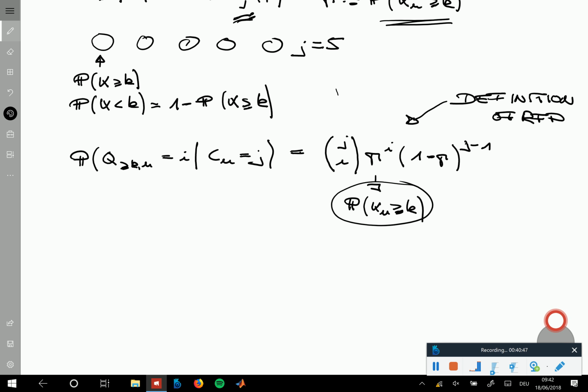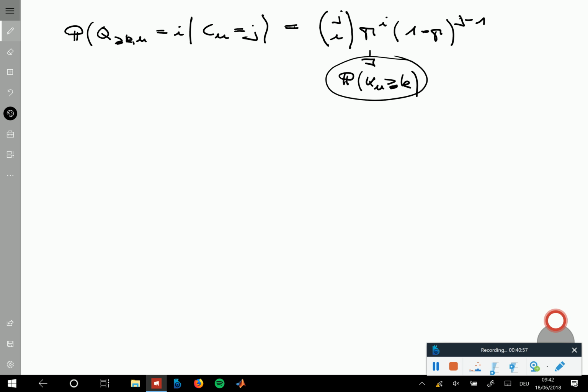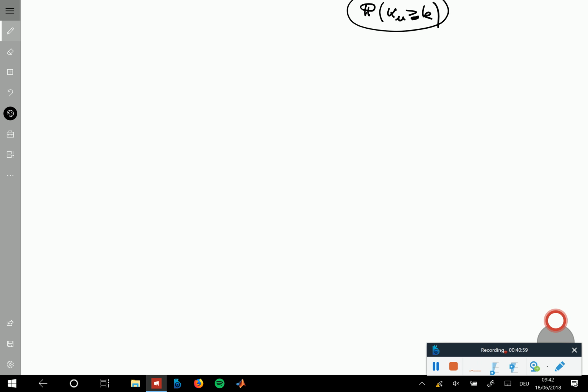If you use this as the conditional probability distribution, then both these terms here are defined. We've just defined this, and this we've defined already. So this means that we can now evaluate the following: P of Ku larger than K is, as we discussed earlier, the marginalization of the joint distribution.